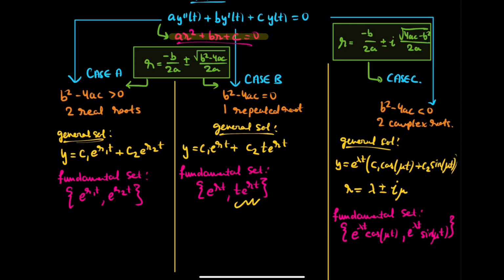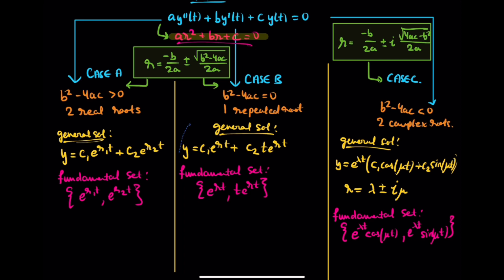Someone a long time ago had the courage to sit down and just compute Wronskians all day, and he found that the second solution is t e to the rt. I'm sure there's a very rigorous proof, but I don't know. Sometimes I like making fun of math.